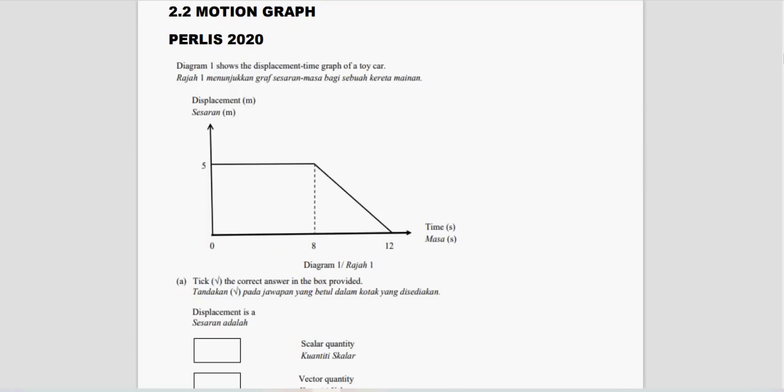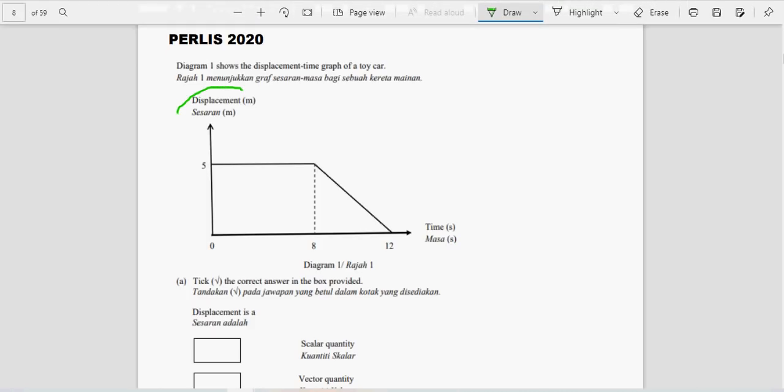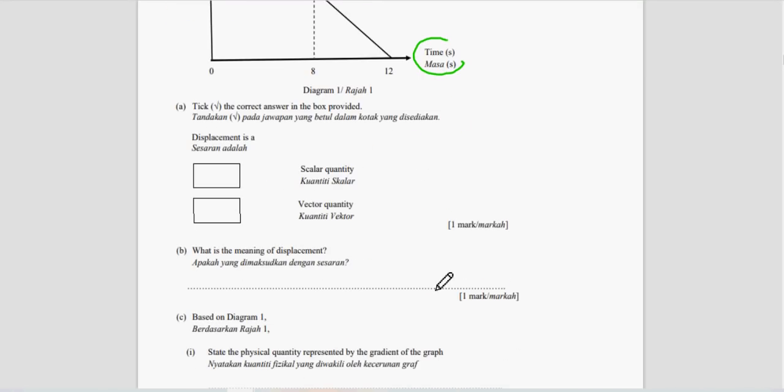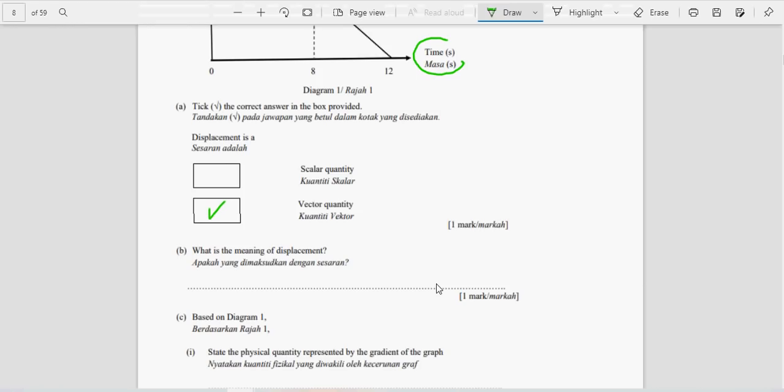So we look at Perlis 2020 motion graph. This came out in question number 1. You can see they give you a displacement-time graph, and the first question asks displacement is what quantity? Displacement is actually a vector quantity, bukan scalar. If they ask for distance, that will be scalar.